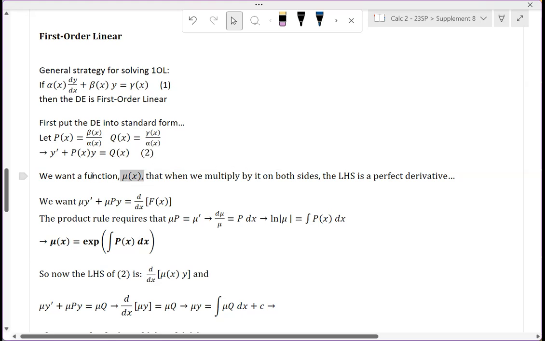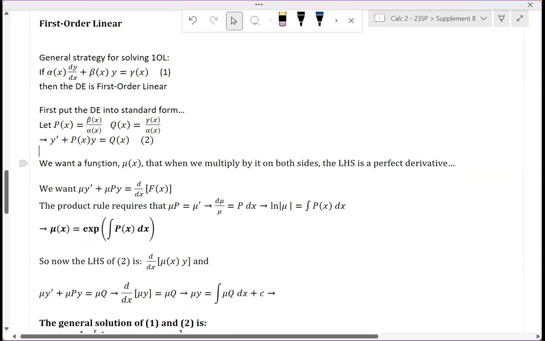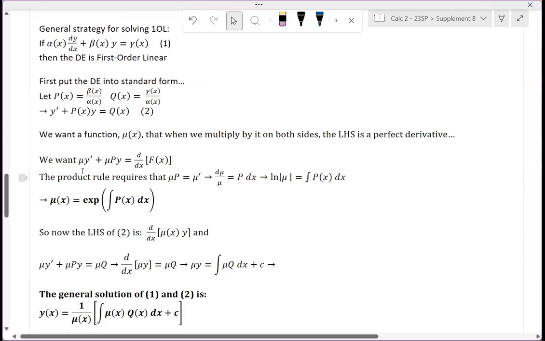We're going to call this function mu of x, the Greek letter mu, and it's called an integrating factor. So we want to find the function mu so that when we multiply it on both sides, the left-hand side turns out to be a perfect derivative. So multiplying by mu on the left-hand side looks like this: mu y prime plus mu p y. And I want that to be the derivative of some function.